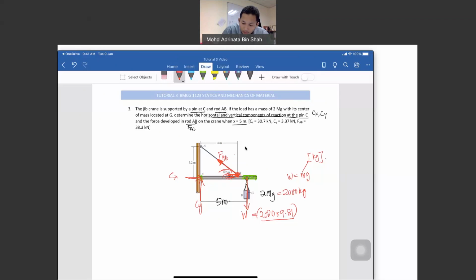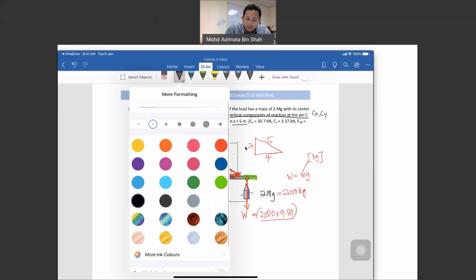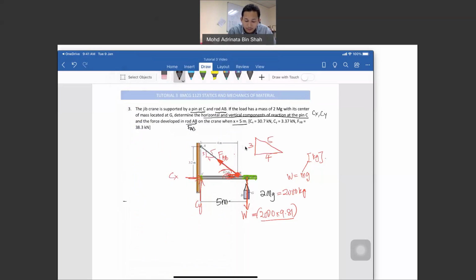Okay, so our FAB is this one, 3.2 minus 0.2. This is 4 meter and this is 5. Okay, so 3, 4, 5. So the free body diagram is 5 meter, 2000 times 9.81. Then 4 meter here.